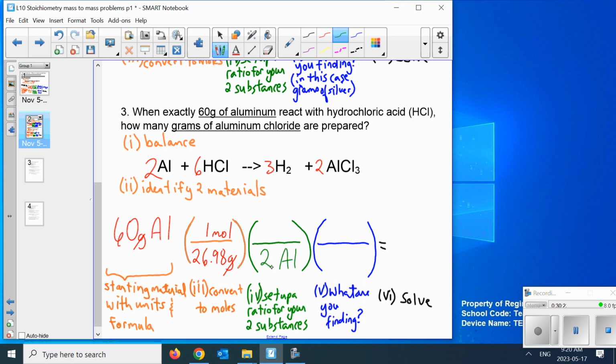I want information about aluminum chloride, and that's AlCl3. I look it up. It's 2. This is a 2:2 ratio. Mathematically, it doesn't do anything. But I need to write this down so that it shows me what the chemical is now: aluminum chloride. I'd stop here if I wanted moles of aluminum chloride, but I want mass, or grams. So I need to look at the grams.